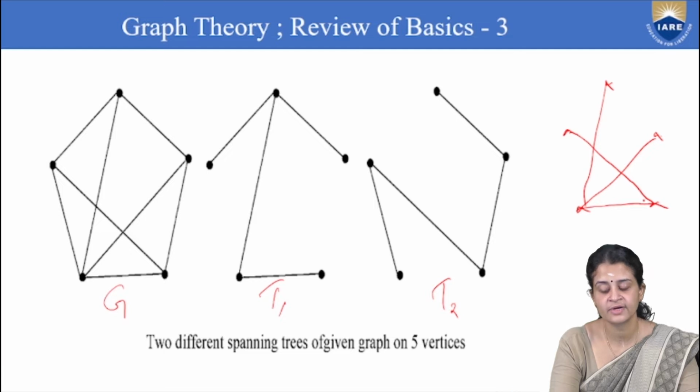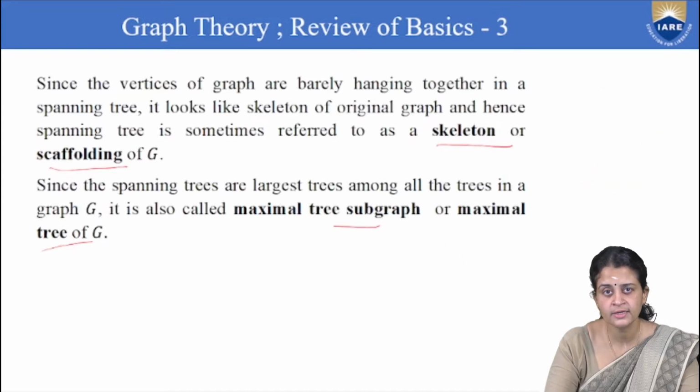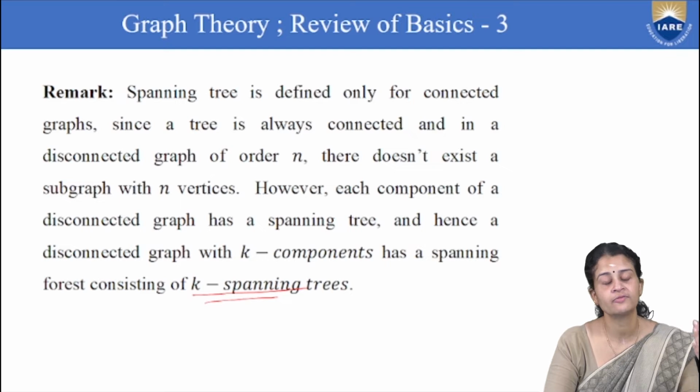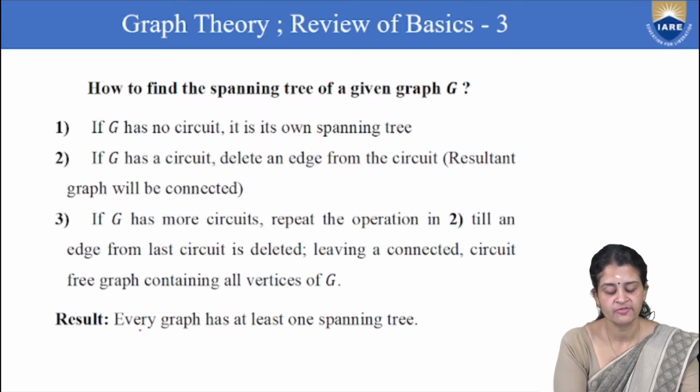This is also a spanning tree of the given graph. So we can find at least one spanning tree of a given graph. That is, the main result is every graph has at least one spanning tree.